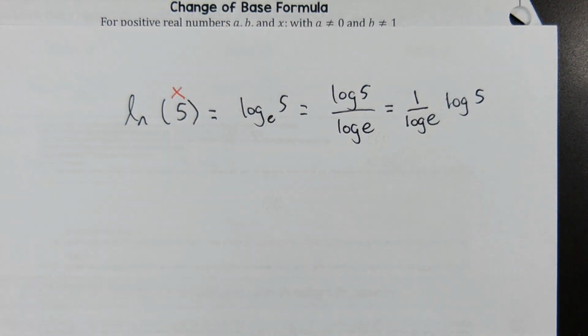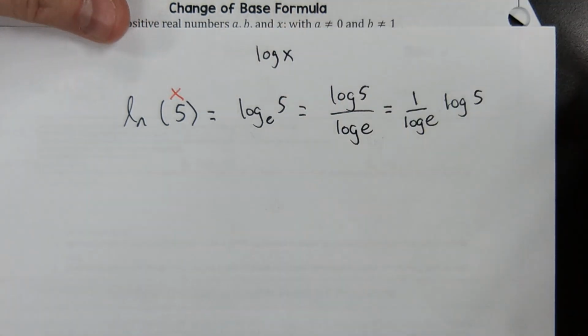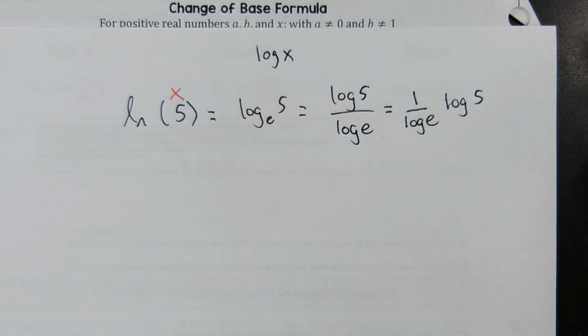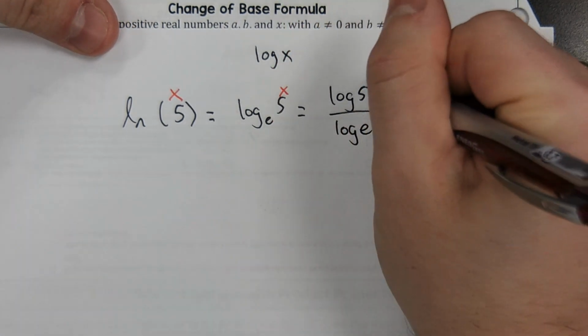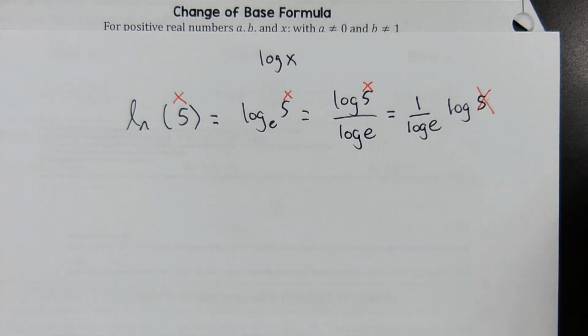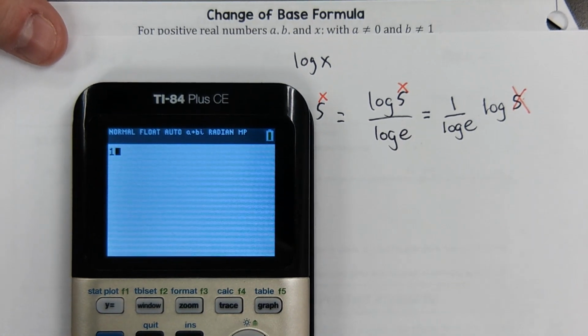And I asked you to describe to me what transformation occurs to the parent logarithm graph to turn it into the natural log graph? The answer would be 1 over log of e, which I have no clue what that is, so we're going to grab a calculator.